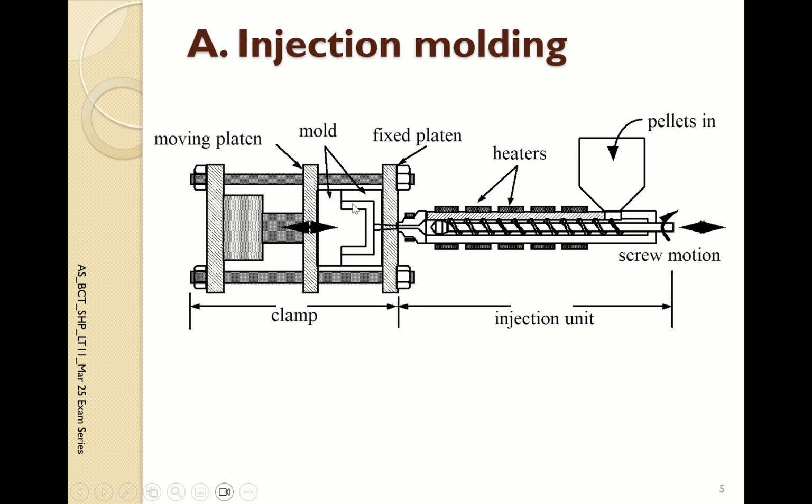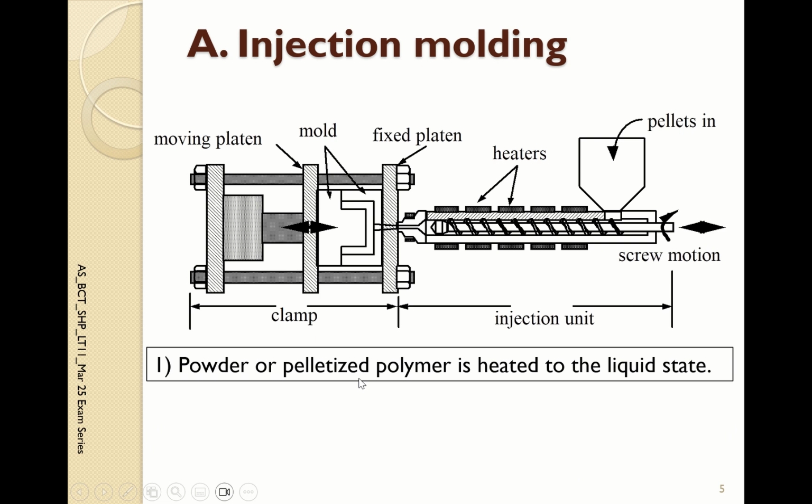Okay, and then it will be cooled down, and once cooled down it has solidified into that shape, then this mold will open and this shape of the plastic will come out, or whatever shape that you want. Okay, so this is called injection molding. That means the plastic is melted and injected into the cavity or the mold to form that shape. Then cool down, then you get the shape there. So this is how injection molding works.